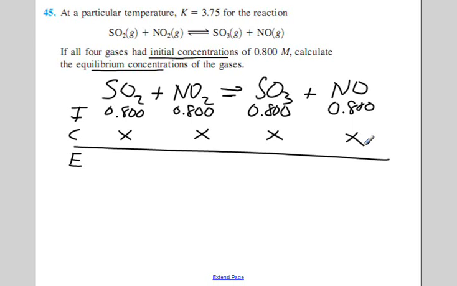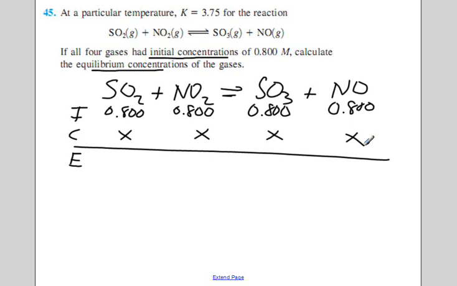Yesterday, when we did problems, in fact, almost every problem we've done, we knew the direction because what was initially present on one side of the equation? On the initial line, in every question we've done so far, almost, the initial line had zeros in it, didn't it? So if the two products were not 0.8, but if they were zeros, then they would have to increase, wouldn't they?